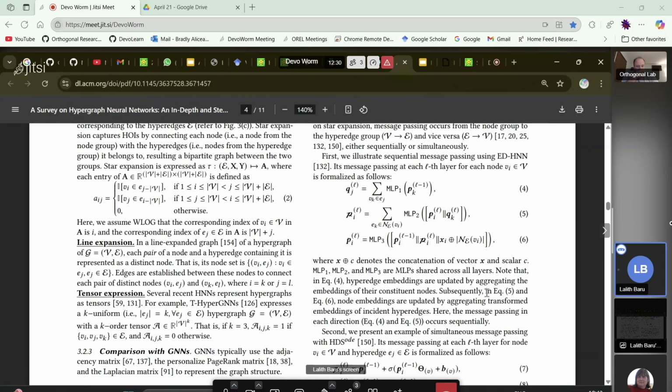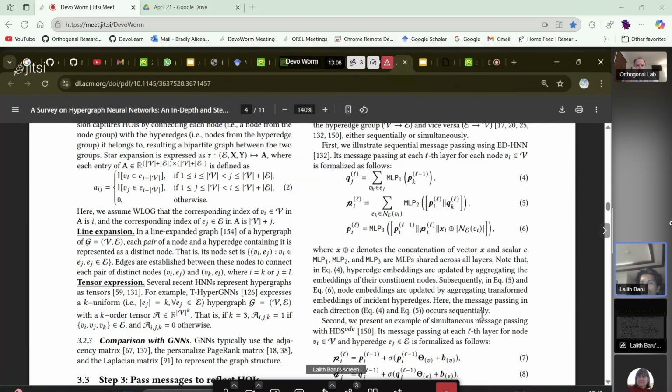Subsequently, in equation 5 we see this transformation, and in equation 6 we see that the node embeddings are updated by aggregating transformed embeddings of the incident hyperedges. Here is our incident hyperedge, and this is our previous node features, and based on that they aggregate, using another nonlinear transformation to aggregate the full-fledged hypernode level features.